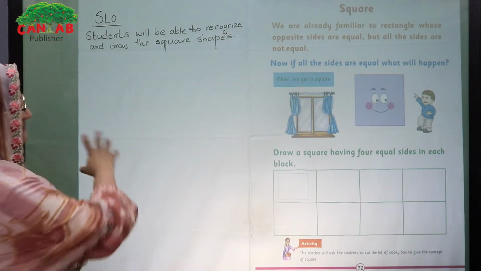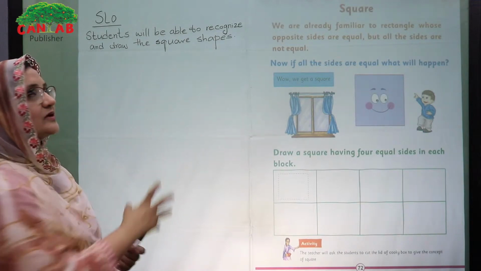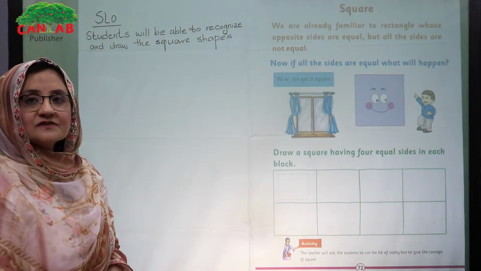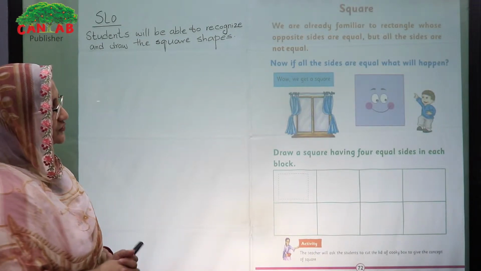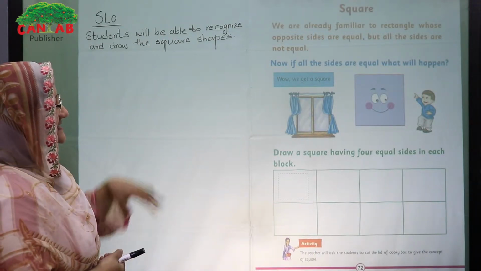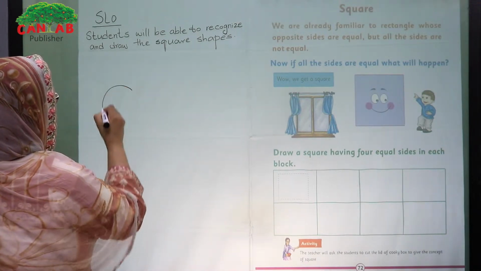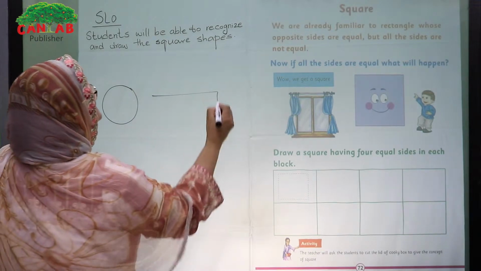You can draw some pictures or shapes on the board. You can paste flashcards around, and you can invite a student to come closer to the board and encircle the square shapes. For example, I am going to draw some pictures like this.